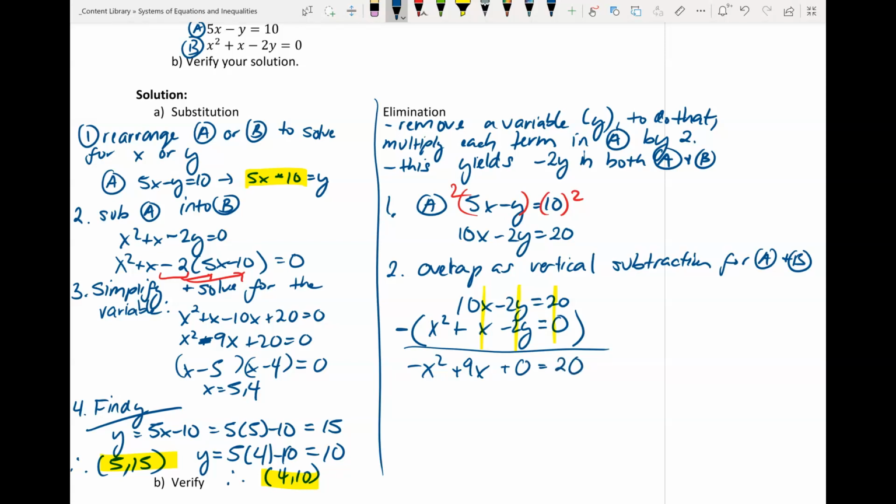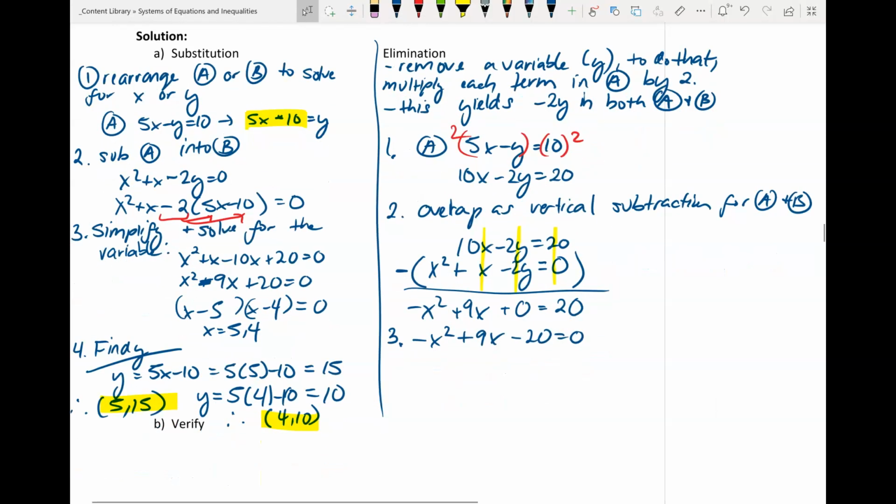Now I'm going to rearrange this because this is the equation I'm going to use now. So here I'm going to rearrange. I'm going to factor out the negative. Now what we have here is the same thing as what we had over here.